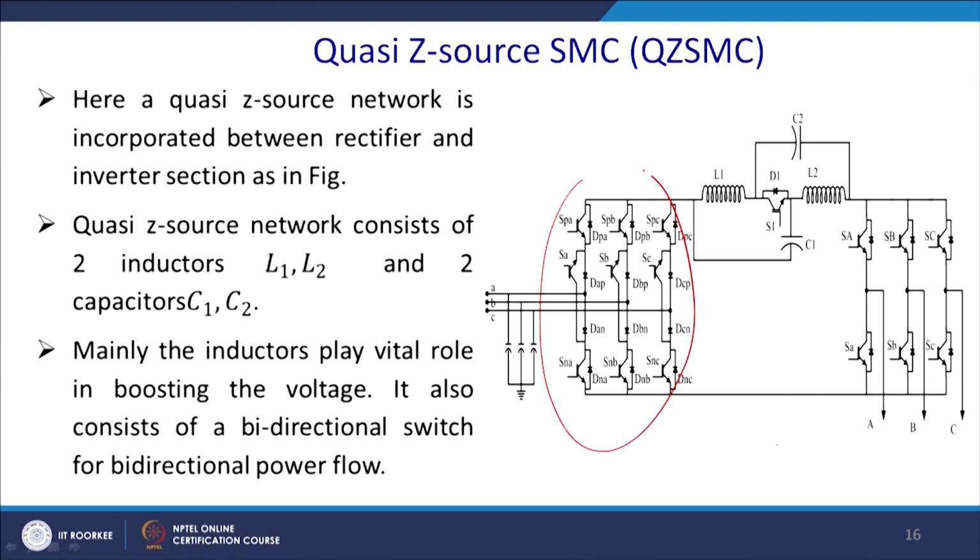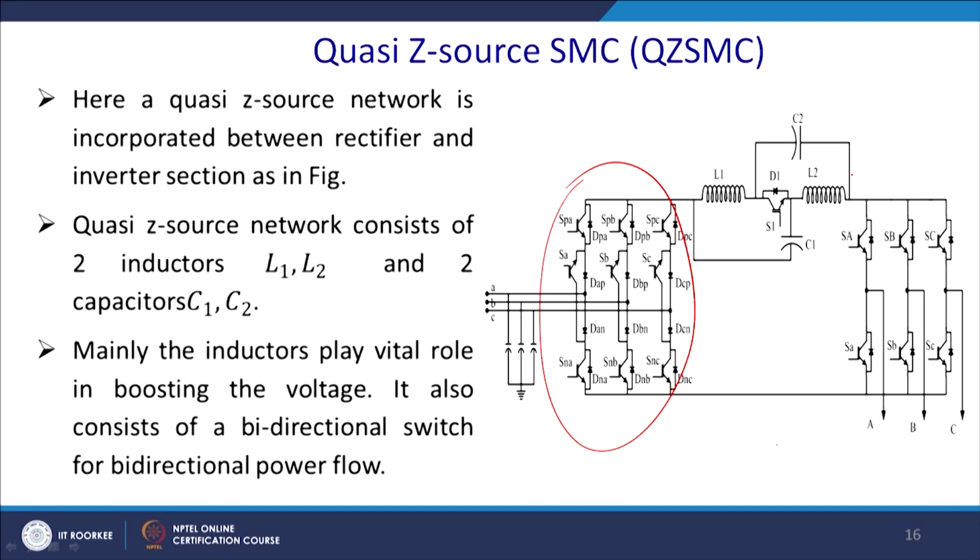The gain is increased by adding some passive elements block in cascade with the conventional basic impedance network. In this lecture, one of the Z source matrix converter topologies has been discussed for lack of time. So, this is the topology. This part we have already discussed: this is a DC part, this is a converter part and this is an inverter part.